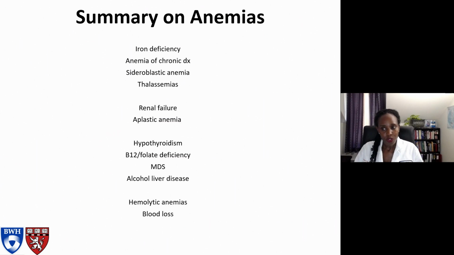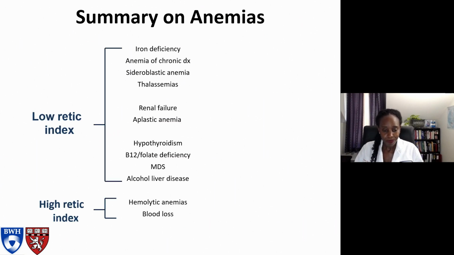So in summary, we've talked about anemias. We've tried to go over a number of them, pointing out that the reticulocyte index is really key to narrowing your differential of causes of anemia. When the reticulocyte index is high, it's a hemolytic anemia or blood loss.